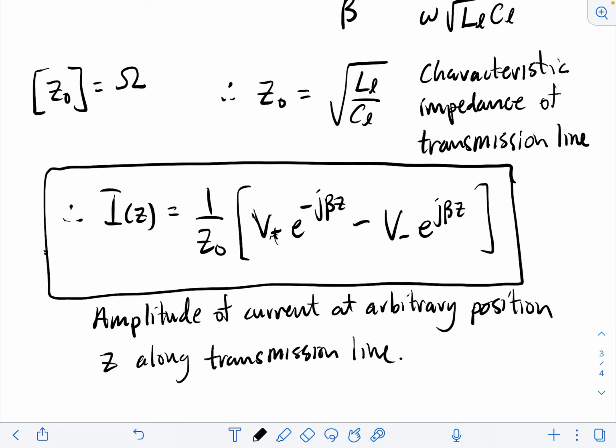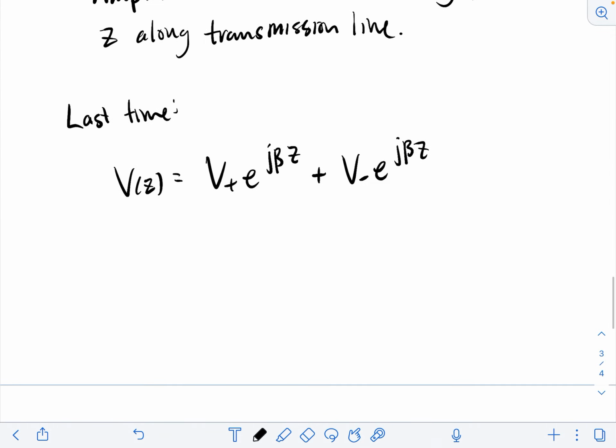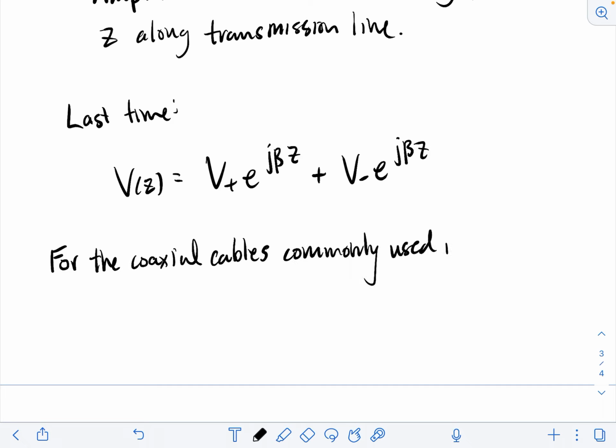And those coaxial cables are designed to have a characteristic impedance of 50 ohms. So maybe I'll just write that down. So for the coaxial cables commonly used in the lab, Z naught is, this is probably a bad way to say it. The cables are designed such that Z naught is, maybe I'll rewrite that.